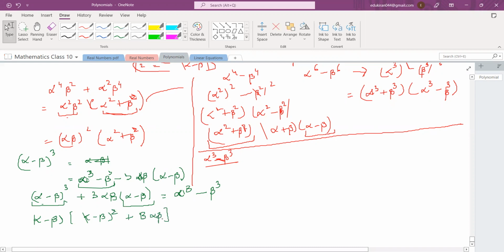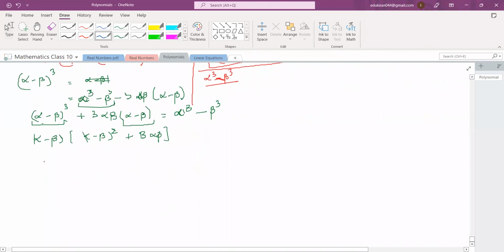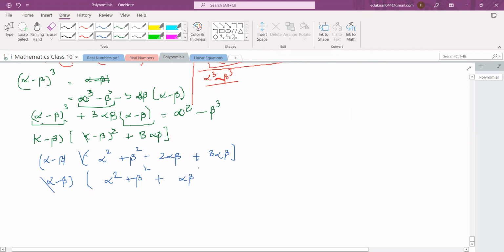Okay, so let us try to simplify the LHS. So my alpha minus beta will be here, and then open the bracket. So you will have alpha square plus beta square and minus 2 alpha beta. And then you have plus 3 alpha beta here. I'm just opening the square. So alpha minus beta into now alpha square plus beta square and then plus alpha beta, right? Yes.